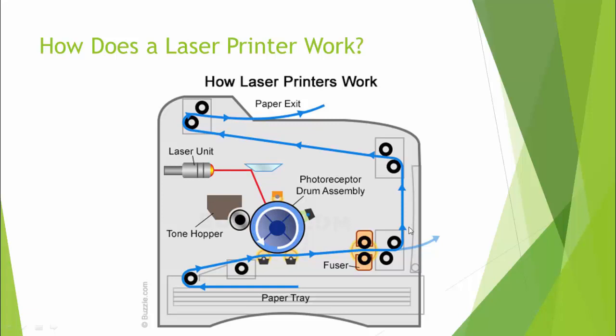And then the paper moves through and exits out of the printer. Now, if you've ever noticed that the paper that comes out of the printer is warm, this is because the fuser uses heat to seal down the toner.